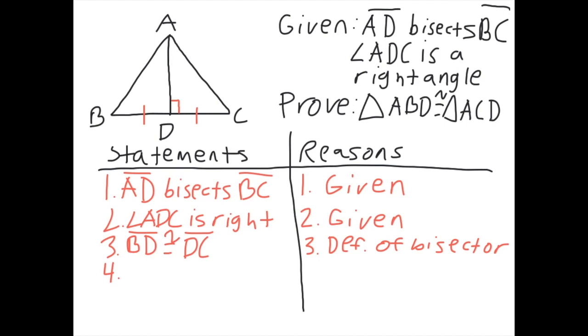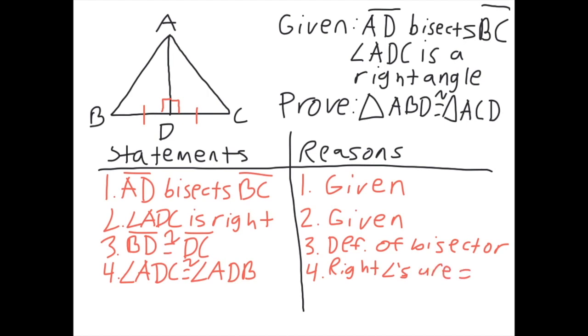So you would say angle ADC is congruent to angle ADB, and the reason is right angles are congruent. That's a quick shorthand to say angles. Right angles are congruent.